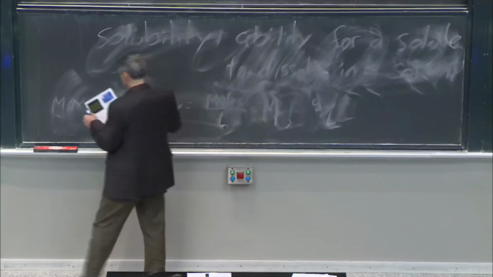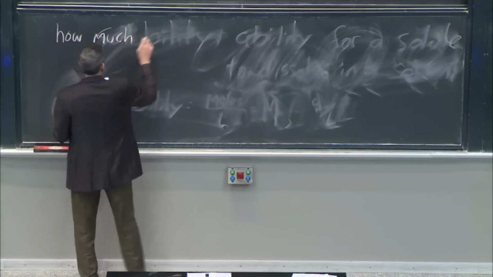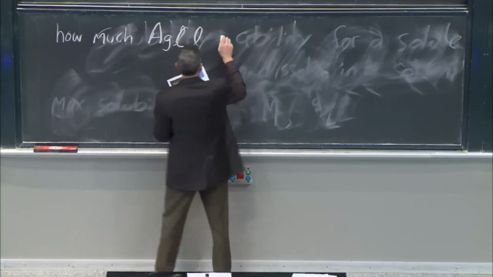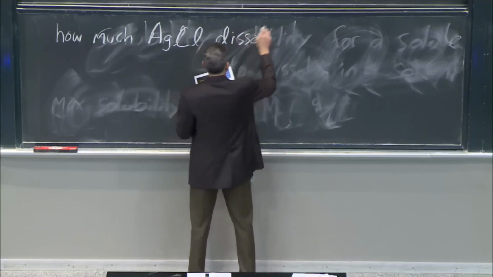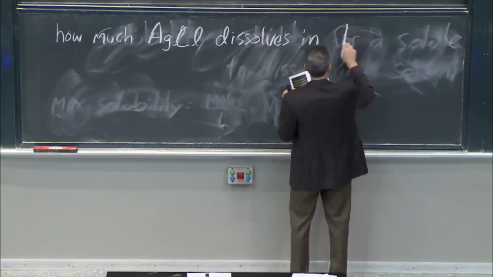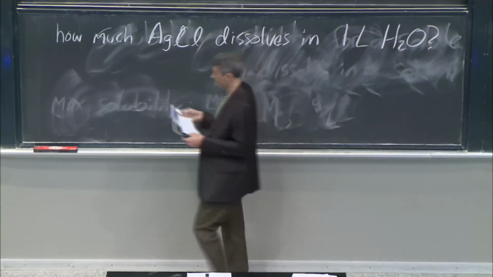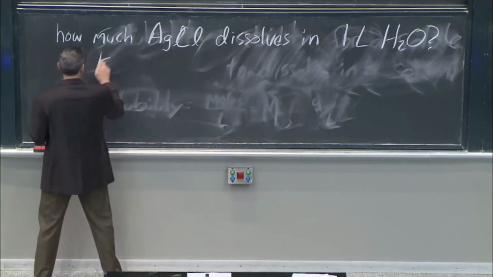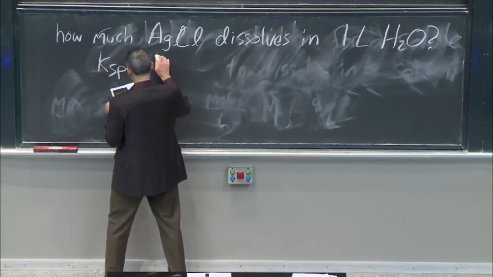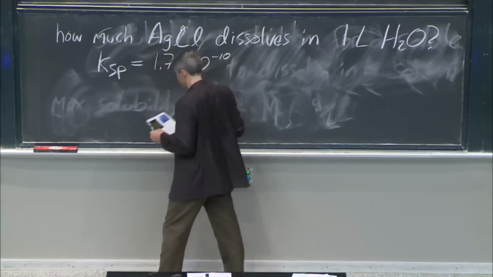Here's the question: how much AgCl dissolves in 1 liter of water? That's such a good question. I don't know, but I do know that the solubility product, the equilibrium constant for silver chloride, is 1.7 times 10 to the minus 10.